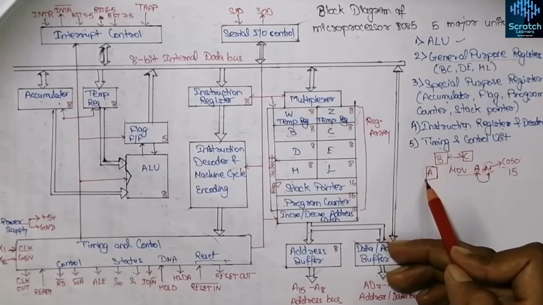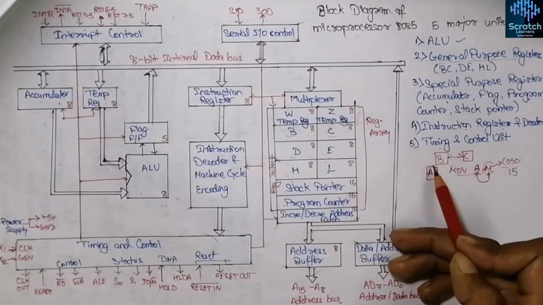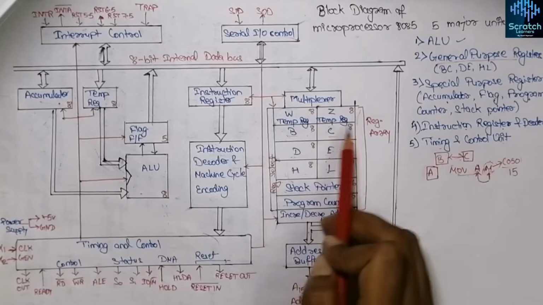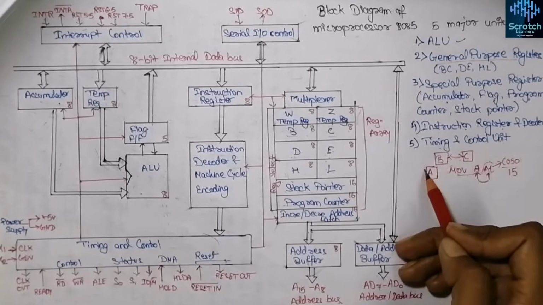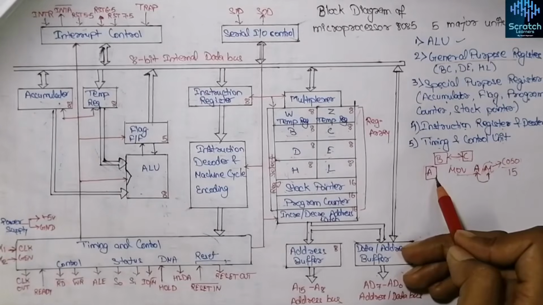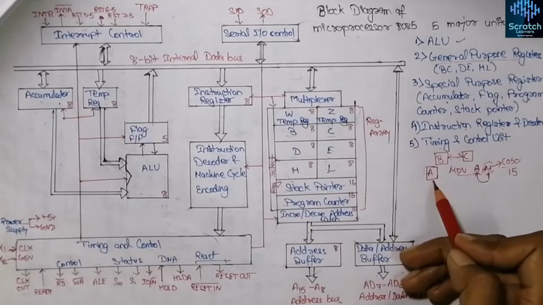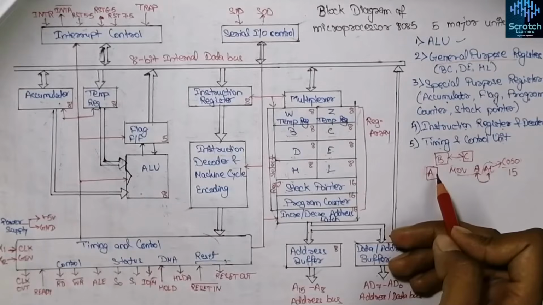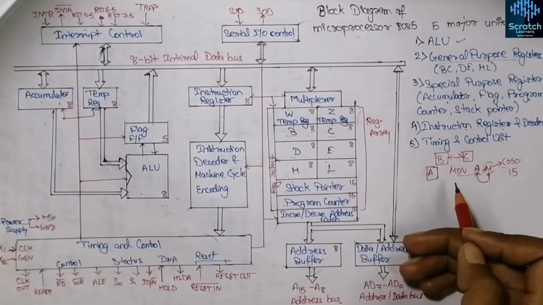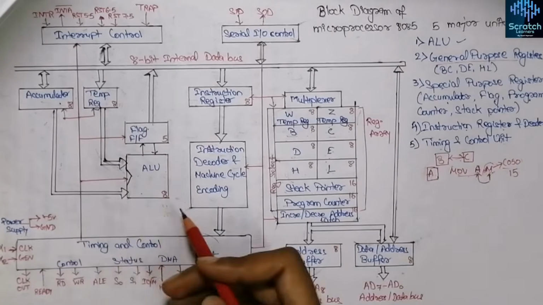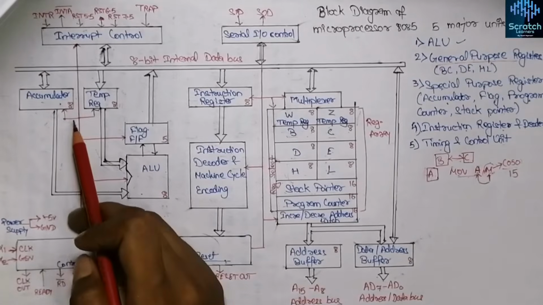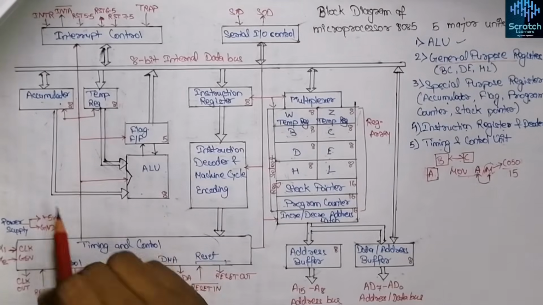We have seen that the accumulator will always be the first operand and the second operand will be any one of these. As the accumulator is the first operand, the result of all the operations performed will be stored in the accumulator itself. This accumulator can hold 1 byte of data at a time. And the 8085 microprocessor communicates with the input and output devices through the accumulator.